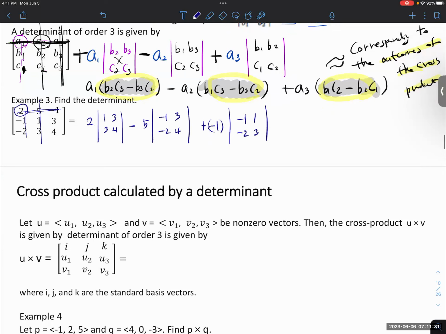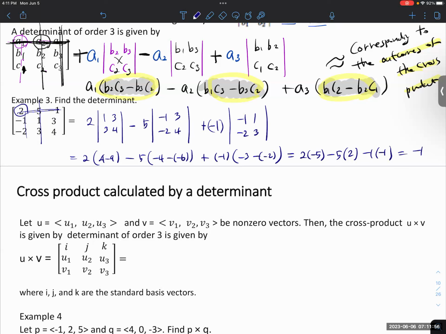So we do the cross multiplication: 2 times (4 minus 9), 5 times (-4 minus 6), -1 times (-3 minus -2). If we calculate it, 2 times -5 minus 5 times -10, plus 2 minus 1, double negative changes to positive, -1. So you should get -19.